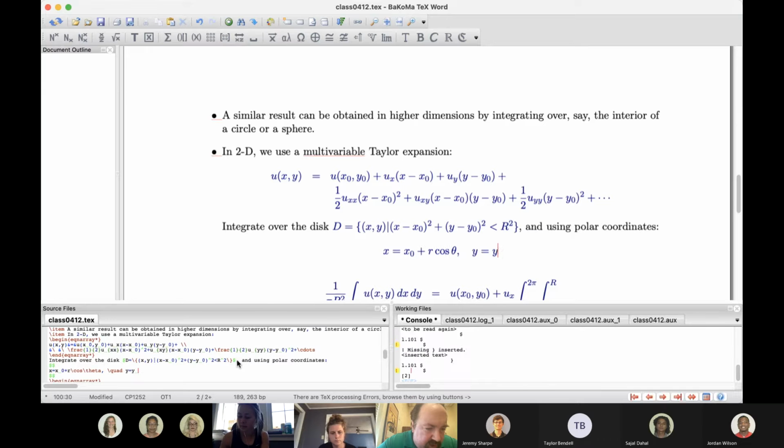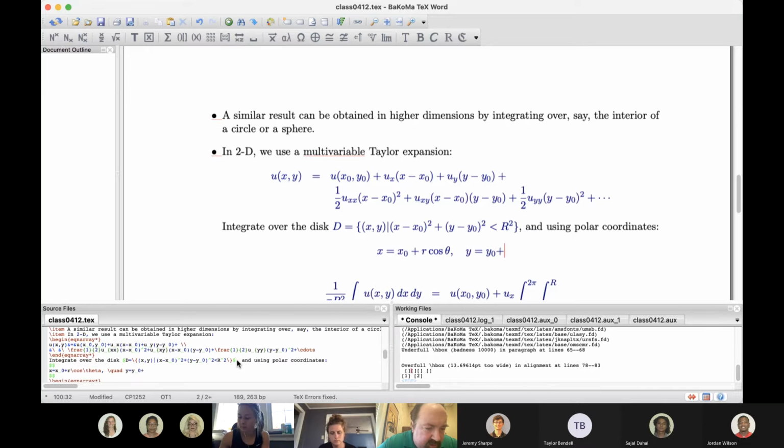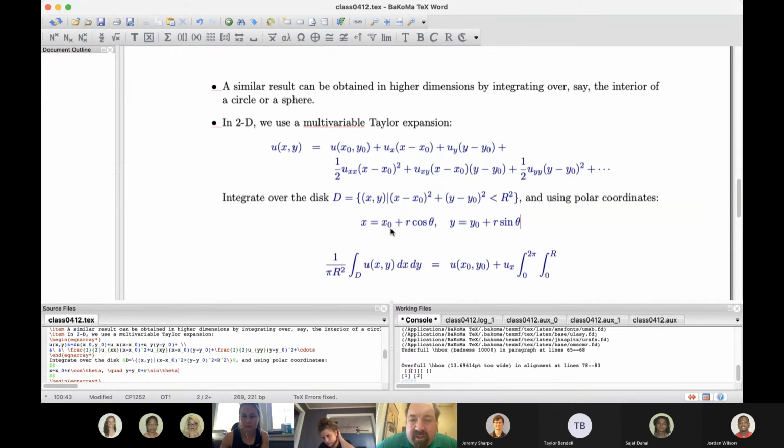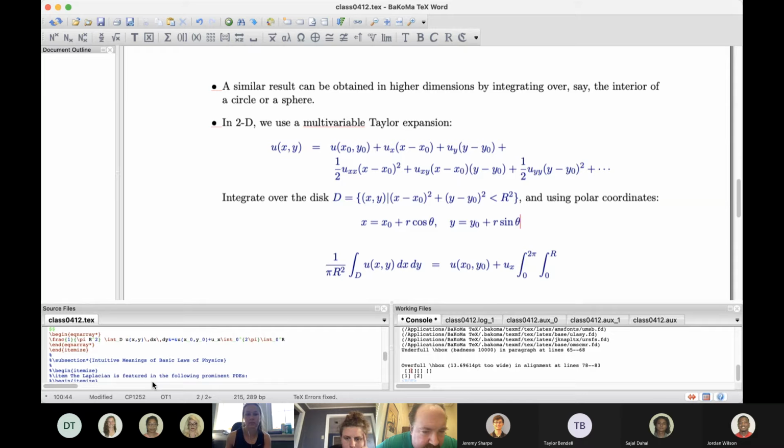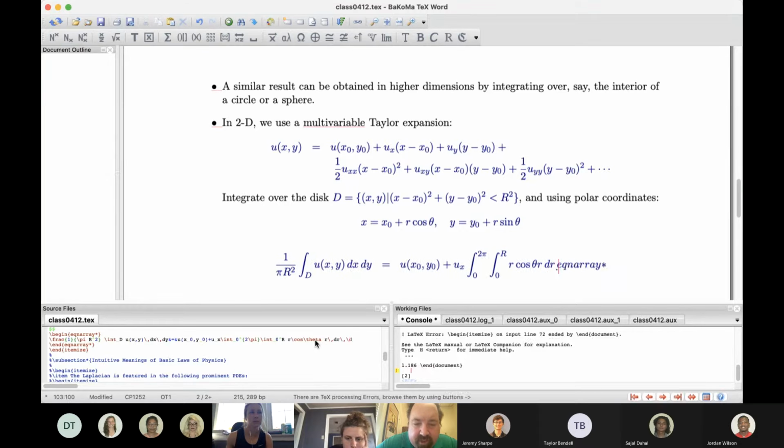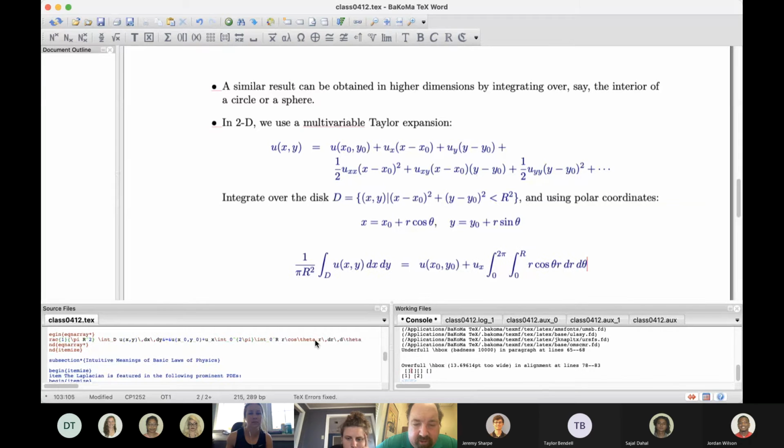Y is equal to y naught plus r sine theta. That takes into account that the center's at x naught, y naught. So then x minus x naught is r cosine theta. And then I have r dr d theta from a change of coordinates to polar.